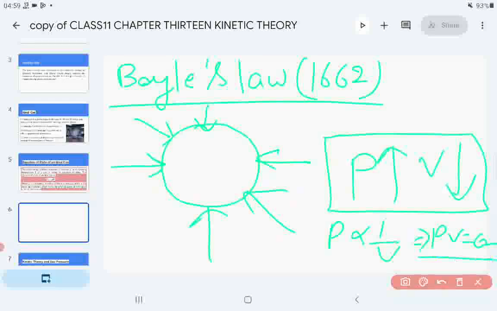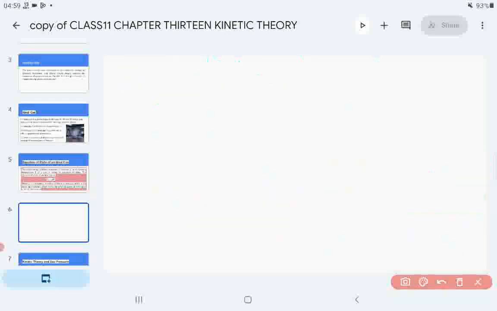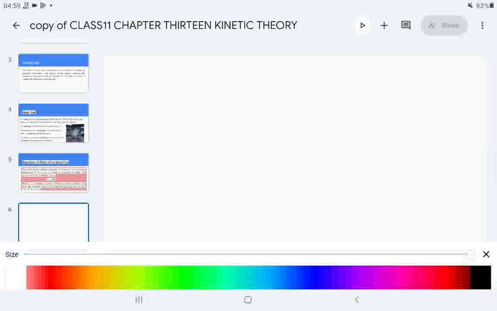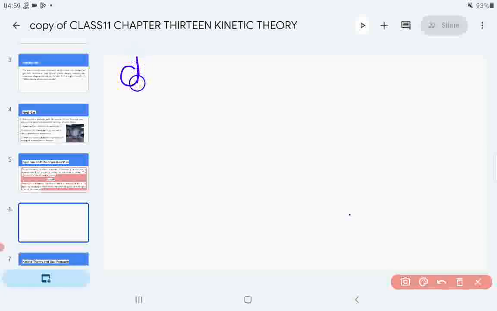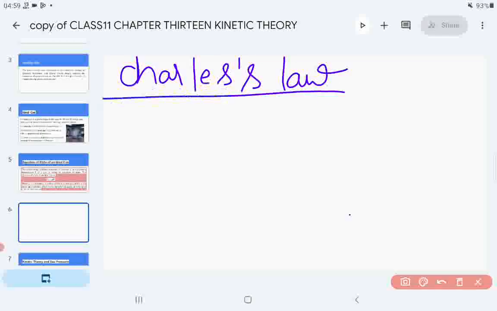Okay. Then after Boyle's, there was another law which was Charles' law. Charles' law says the volume of a gas increases if you heat it up.